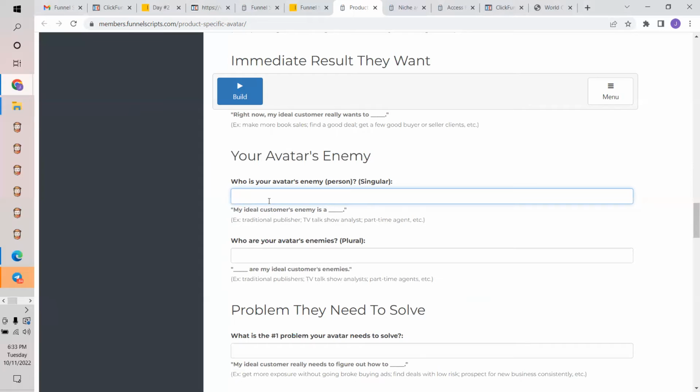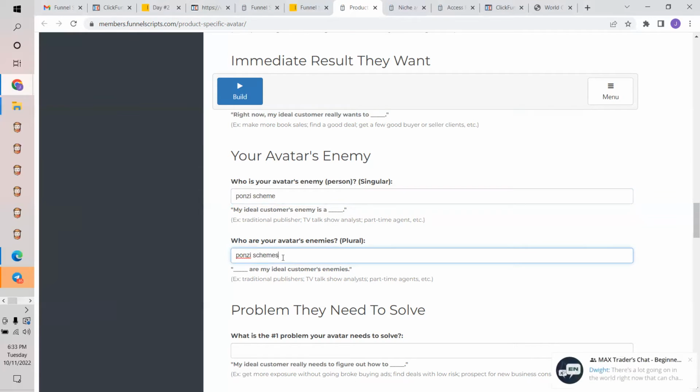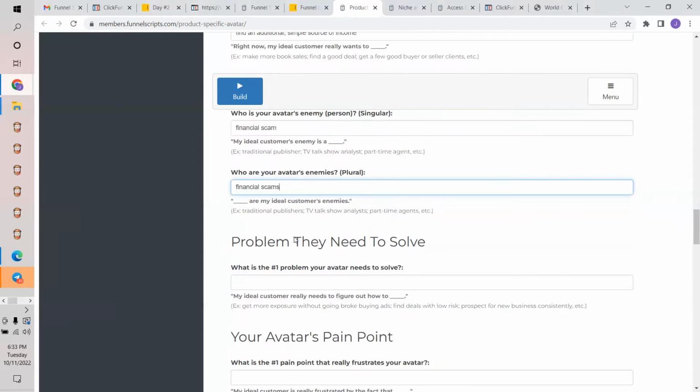That would be Ponzi schemes. How about financial scams? Financial scams. Again, this could all be changed later as we delve a little bit more into this.